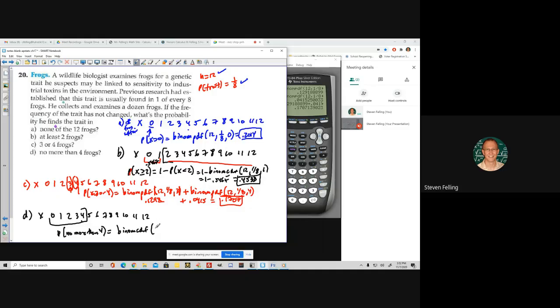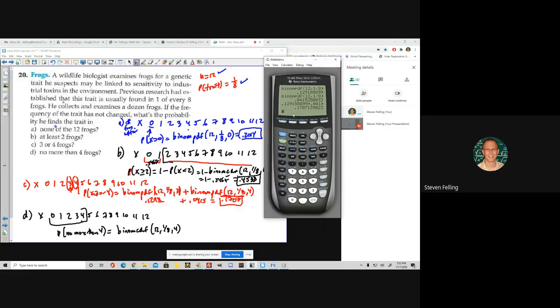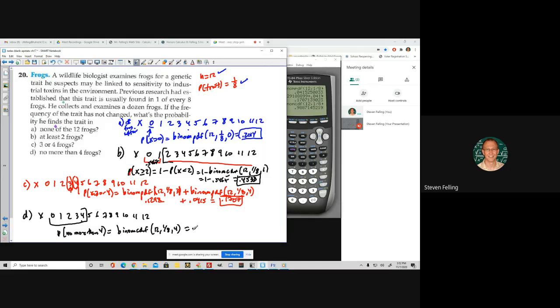Binomial CDF out of 12, 1/8 chance of having the trait up to and including 4. All right, so binomial CDF, 12 frogs tested here, 1/8, up to and including 4 would be 0.9887.